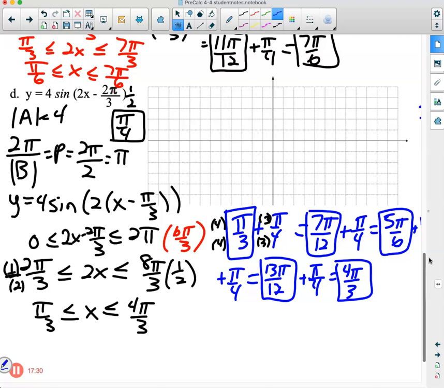So let's get them up there. 1 pi over 12, 2 pi over 12, 3 pi over 12, 4 pi over 12 would be the first one we have up here, pi over 3. 5, 6, 7 pi over 12. 8, 9, 10 pi over 12, which is going to be our 5 pi over 6.